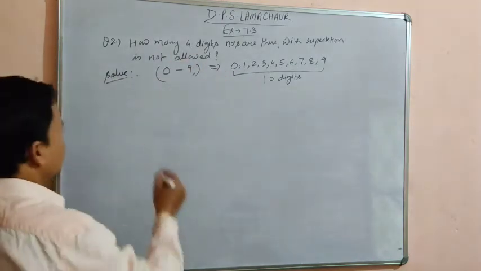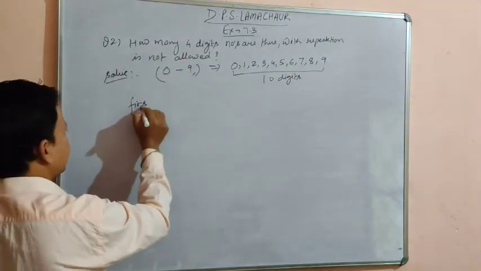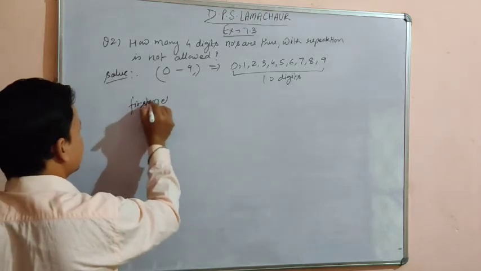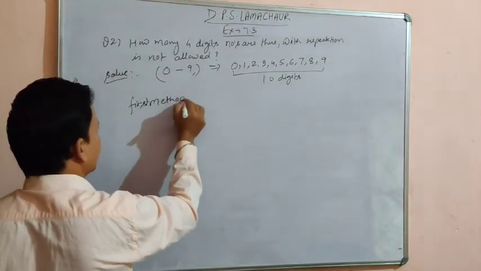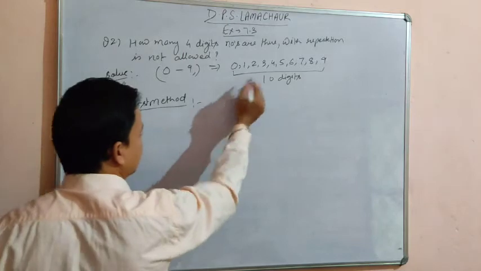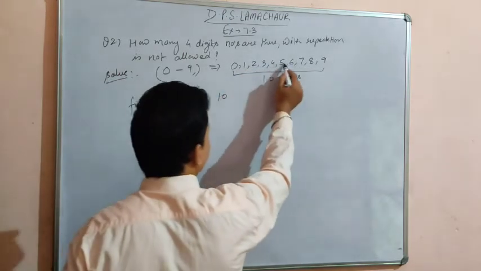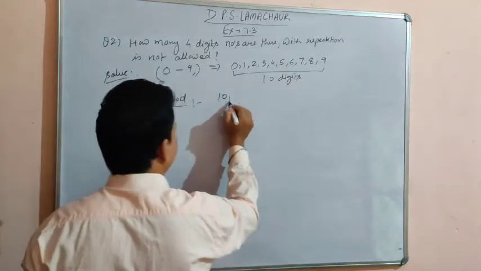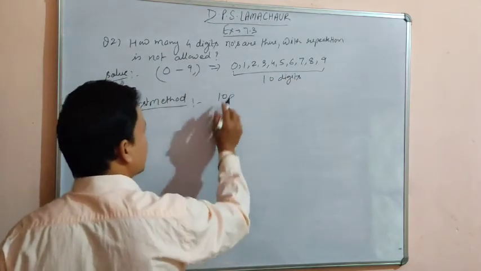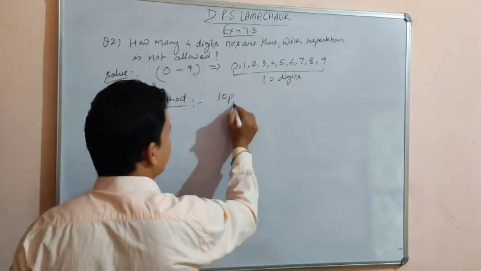So the first method, which is the formula method: we have 10 options, 1, 2, 3, 4, 5, 6, 7, 8, 9, 10, and we have to make a 4-digit number. So what is the permutation? 10P4.